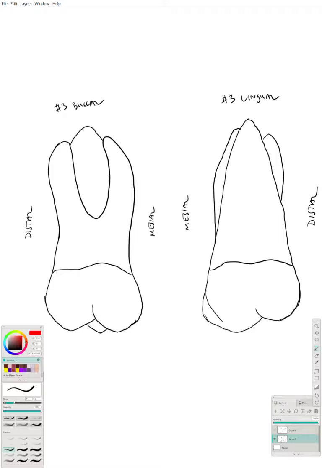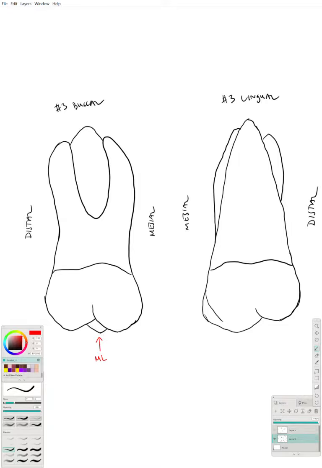So one thing is that when we're looking from the buccal aspect, we won't see all 4 cusps, but we will see 3. So this cusp here, that's our mesiolingual cusp.